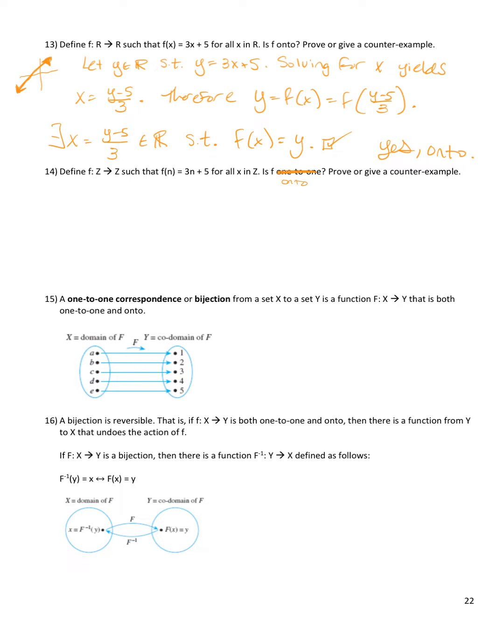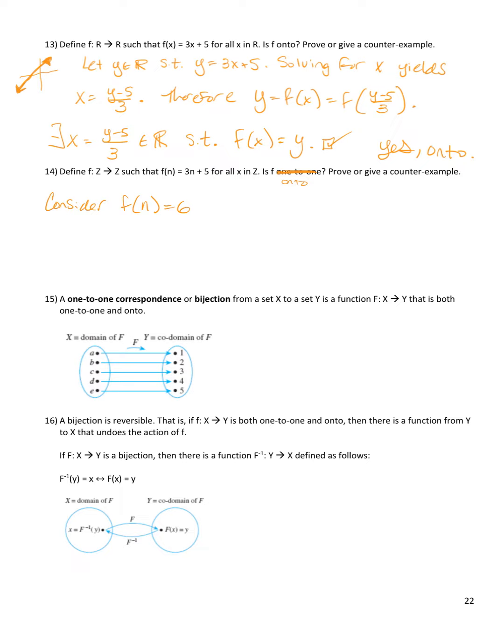So, consider f of n equals 6, right? If 6 is my output, I have to figure out an input that would map to 6 in order for this to be onto, because it has to be true for every possible output that you can find an input that maps to it.